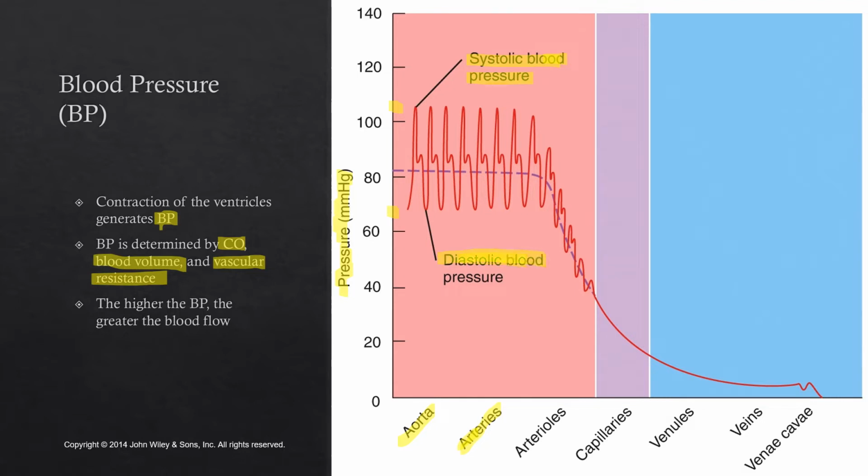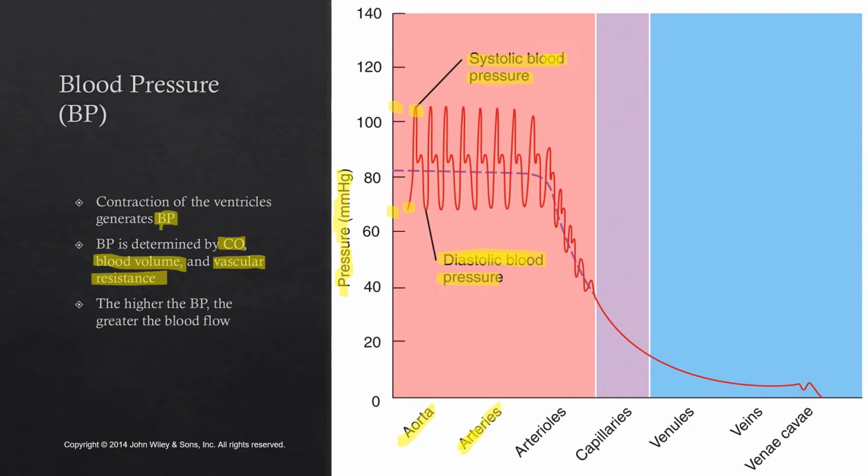So this will be your diastolic blood pressure or the blood pressure during ventricular relaxation. So systolic blood pressure is going to be this highest pressure that we can achieve in arteries during systole, and your diastolic blood pressure is going to be the lowest arterial pressure during diastole here.